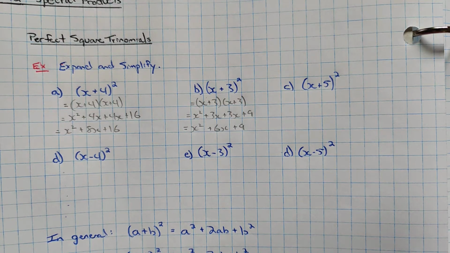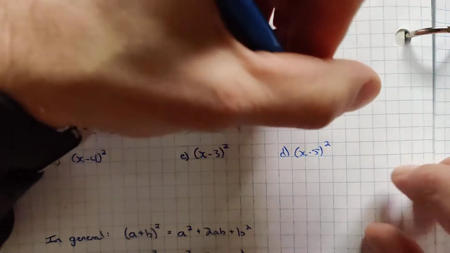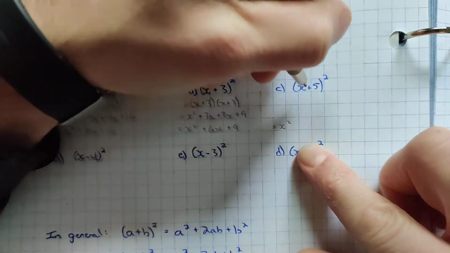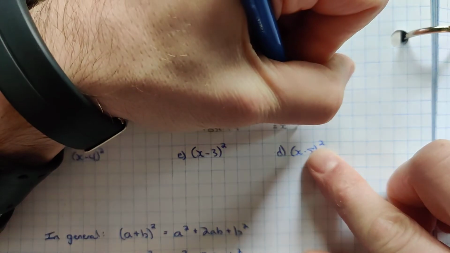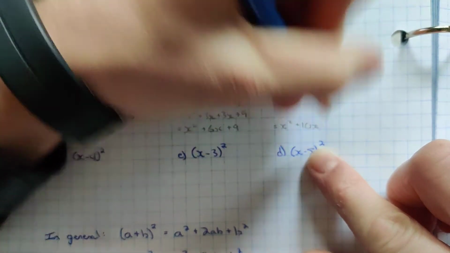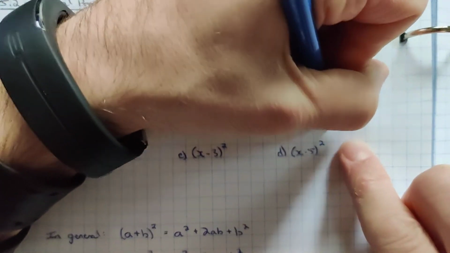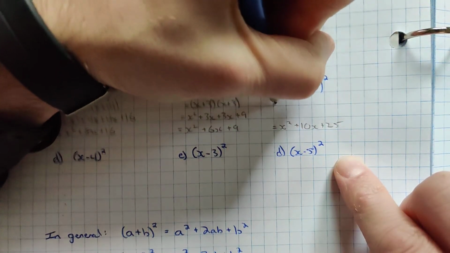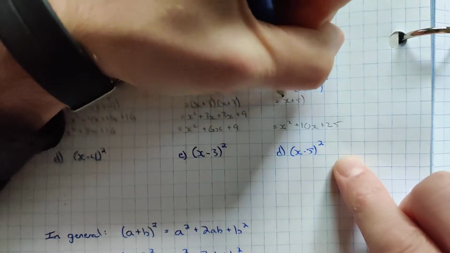So this next one should work out to x squared, double the 5, which is 10x, and then 5 squared, which is 25. Let's test that out. x plus 5 times x plus 5.